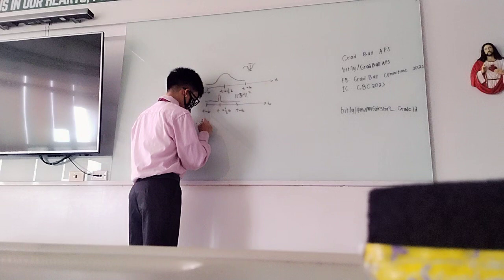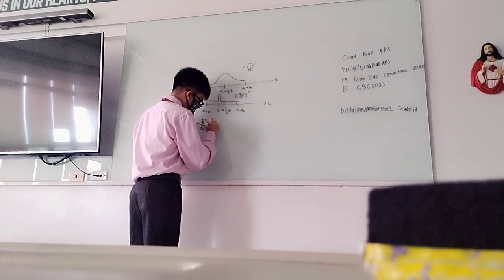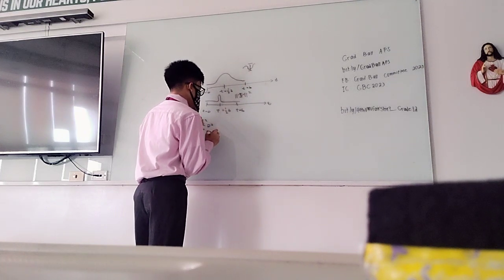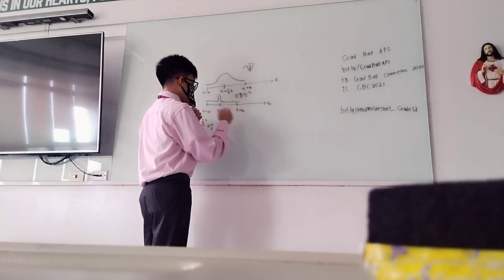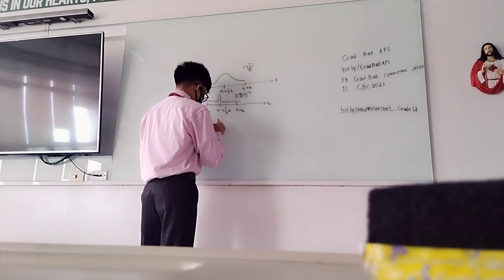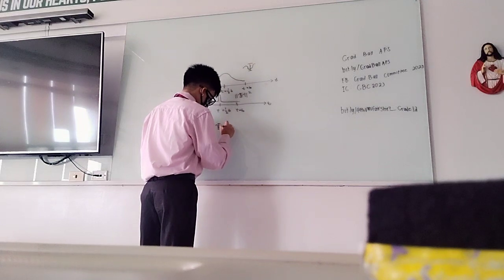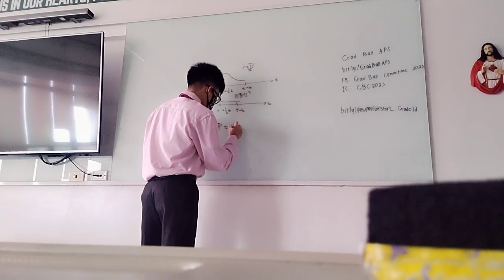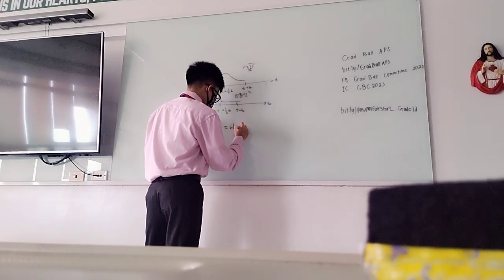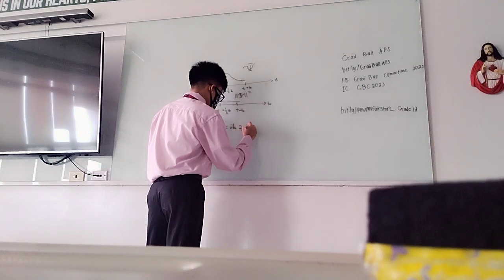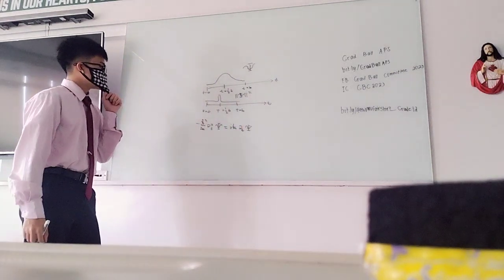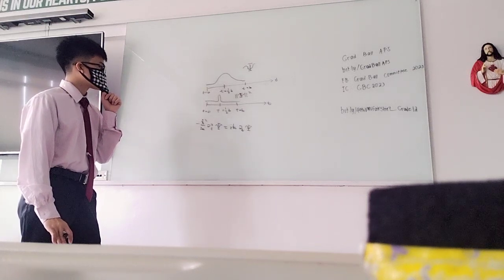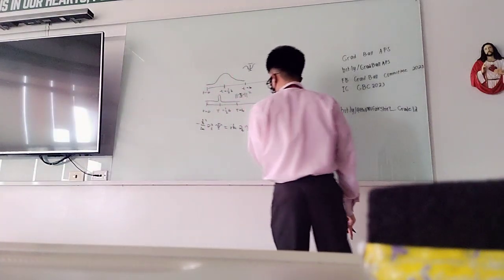Minus h bar squared over 2m of the second spatial derivative with respect to t this time, because we're in the t axis, not the x axis, of our wave function, equals i h bar times the temporal derivative with respect to t. Okay. We don't really have a second dimension here, but I'm just going to write it here for reference so you guys can check it on your own.